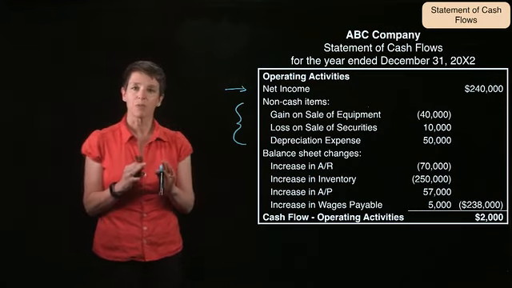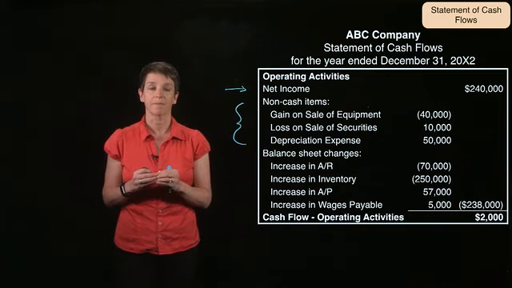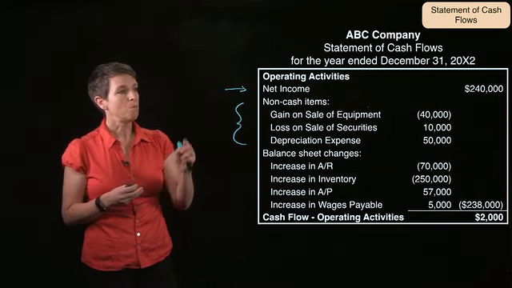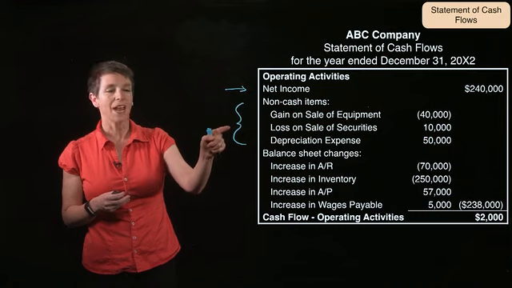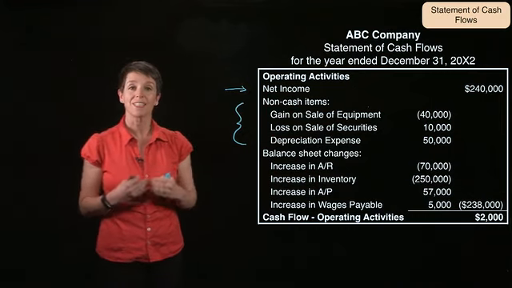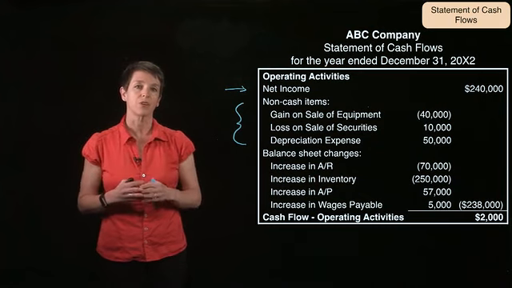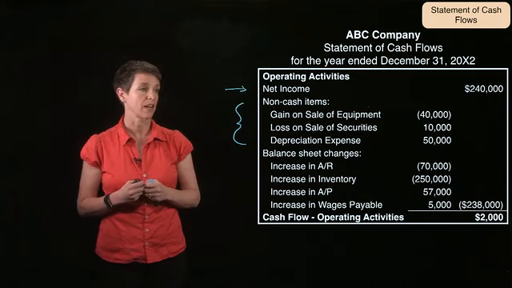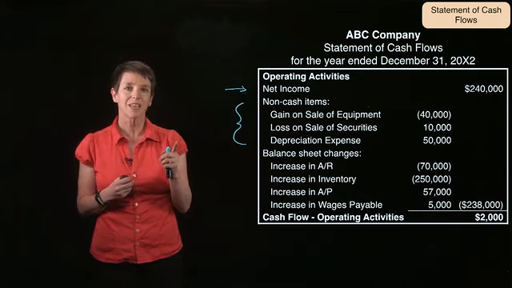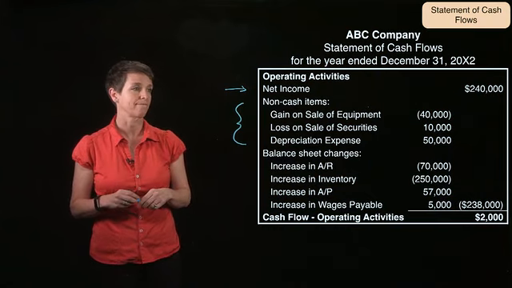It just represents the impact on income. In addition to that, both of these items, the equipment and the securities, are investing type activities. So we want to remove anything related to those from the operating section of the cash flow statement. We'll revisit that when we get to the investing section.